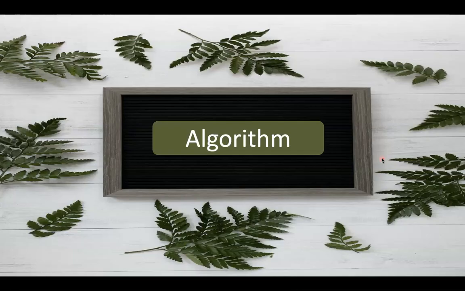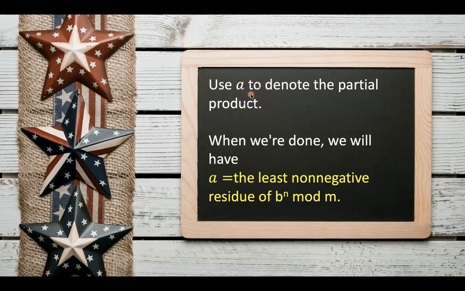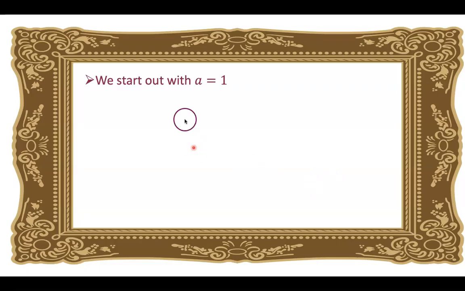Now let us move on to the algorithm. For the iterations, we assume that a denotes the partial product, and when we have completed all the steps in our algorithm, we will have a equal to the least non-negative residue of b raised to n modulo m. For the first step, we assume that a is equal to 1.